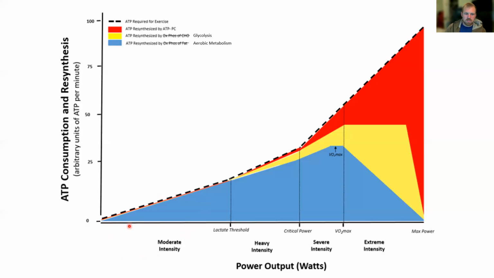Light and moderate tend to be very similar, though people might say there is a difference. But for the purpose of this class, we're going to say moderate intensity is just one exercise domain by itself. You can see that this is held at any time up to lactate threshold.